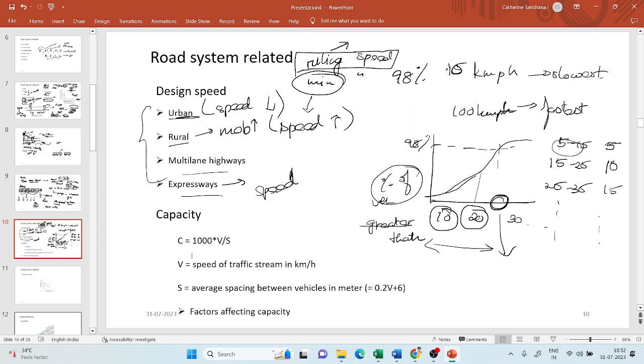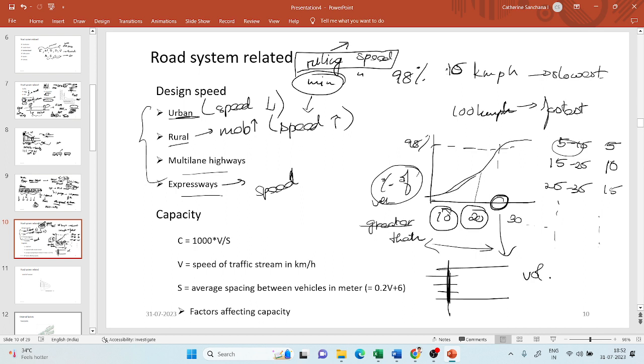Capacity is the maximum hourly rate at which the vehicles traverse in a given road. Okay, so if this is my road, if I stand at this cross section, and if I count the number of vehicles passing per hour, that is the volume.